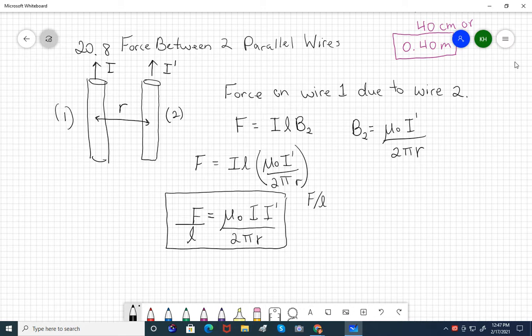F over L is the force per unit length. Obviously, so that would be in newtons per meter. Everything else we've already defined.